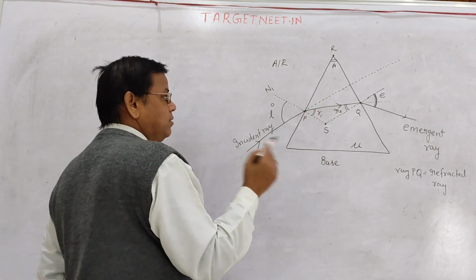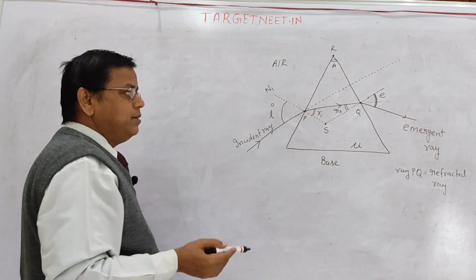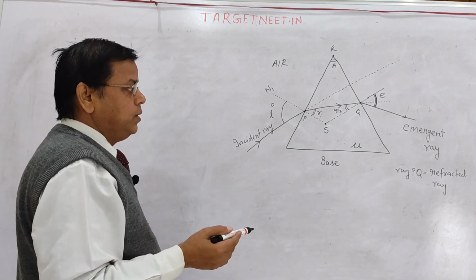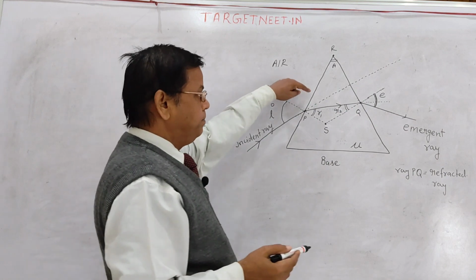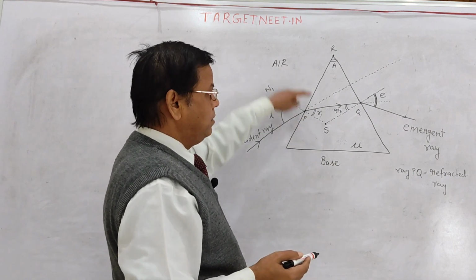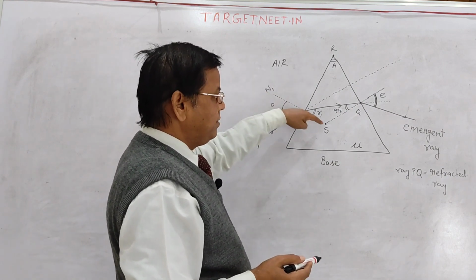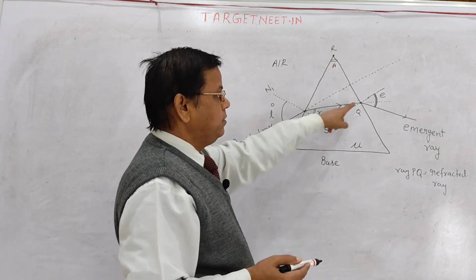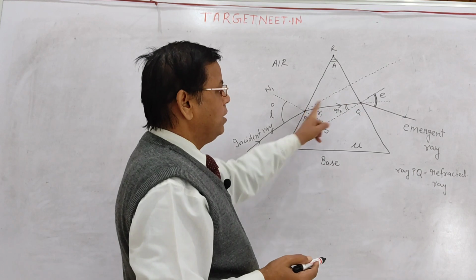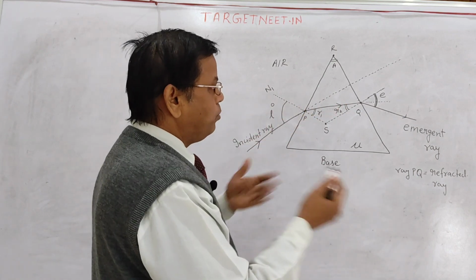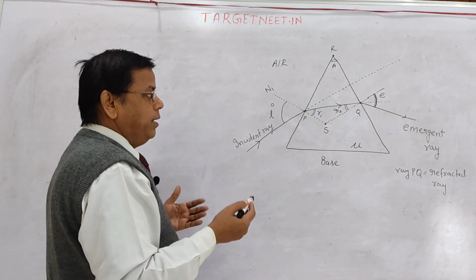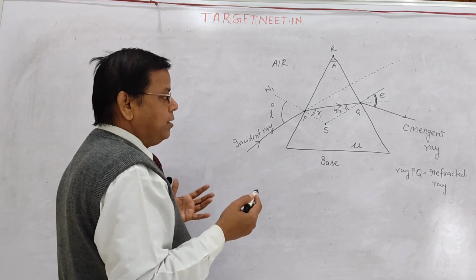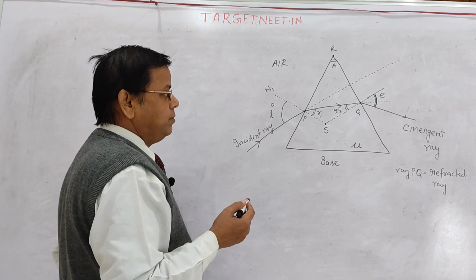If in a quadrilateral the sum of opposite angles is 180 degrees, then such a quadrilateral is said to be cyclic. So here angle RPS and angle SQR are 90 degrees each and they are opposite to each other. Hence this quadrilateral PSQR is a cyclic quadrilateral.